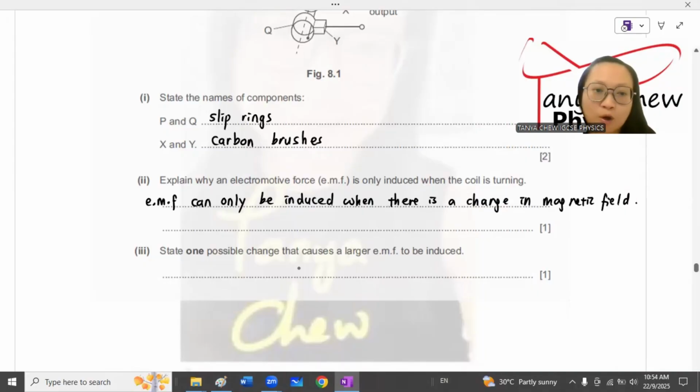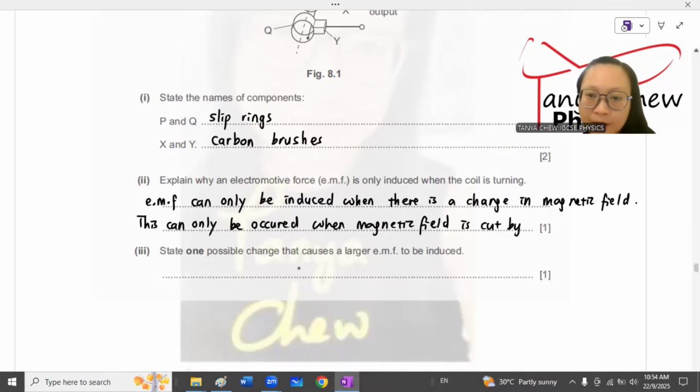This can only occur when the magnetic field is cut by the turning coil. That's it.